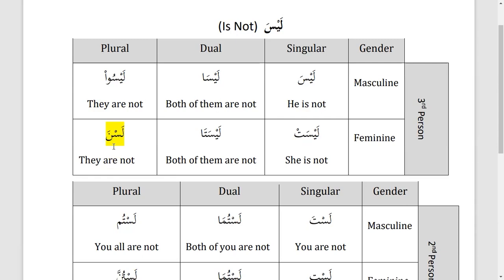The first track starts from laysa, laysa, laysu, laysat, laysata. And then when we reach number 6 here, the track changes and it becomes lasna. So what happened? If you look at it, it should be laysna, laysana, but it's lasna.